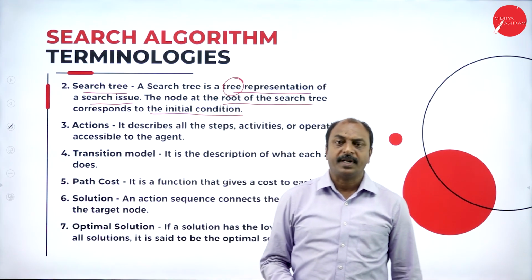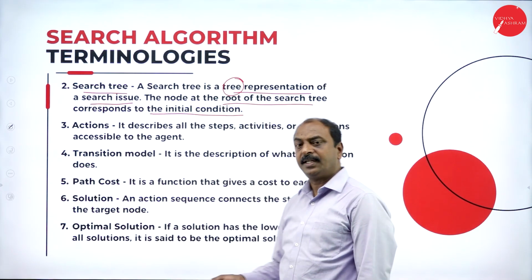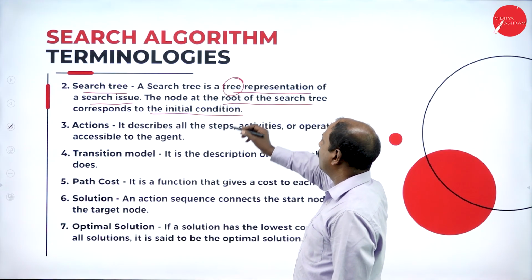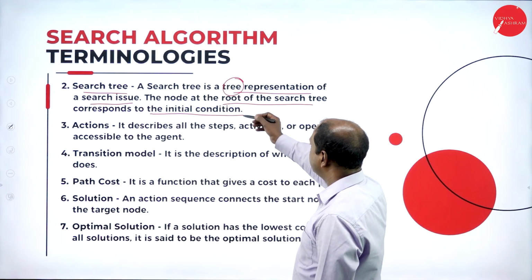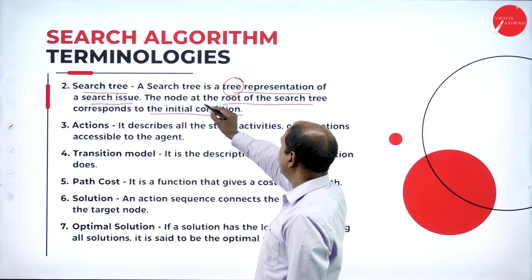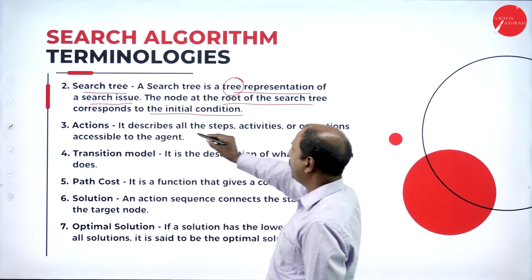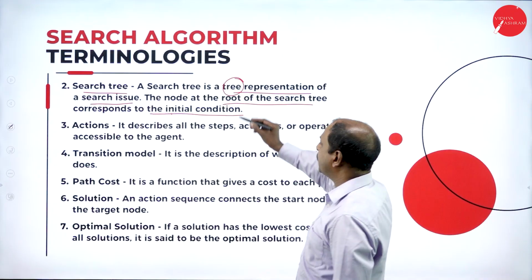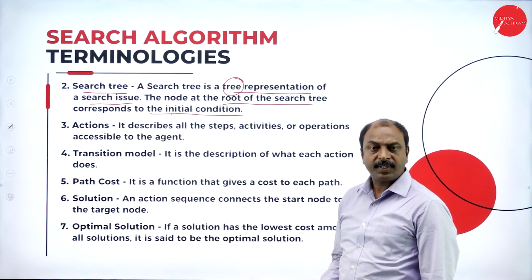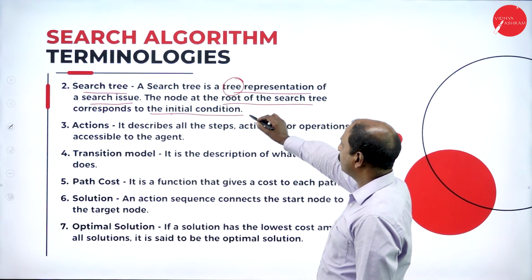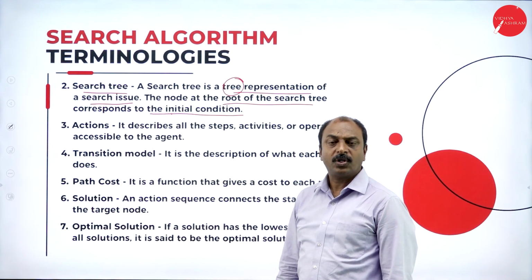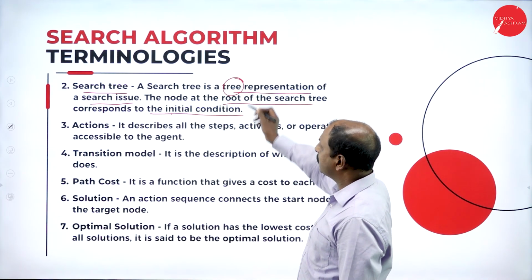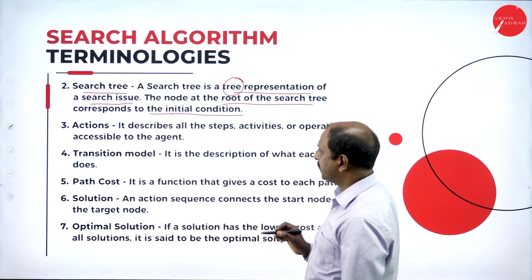Tree and graphs are examples of non-linear data structures, and in a tree, all the elements we represent in the form of nodes. So that is the meaning here: the node at the root of the search tree corresponds to the initial condition. In other words, the search starts from the root, or root is the first node of the tree. This is a non-linear data structure.